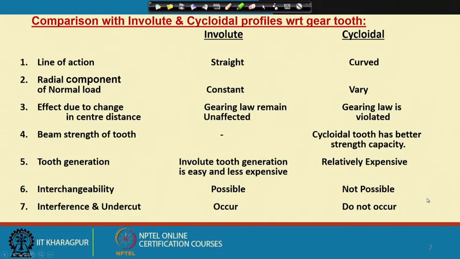Now, interference and undercut, I will discuss later, occur in case of involute teeth, whereas in case of cycloidal teeth this will not occur.